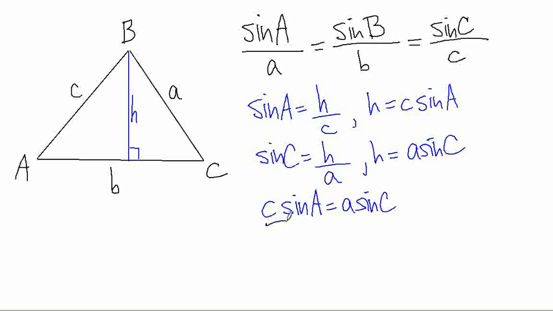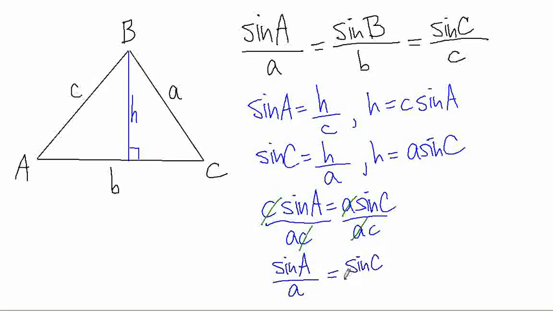So I get some cancellation. And so I end up with the sine of A over a equals the sine of angle C over side c.